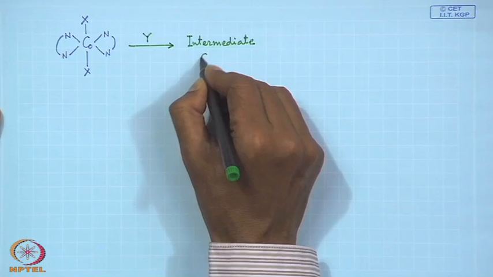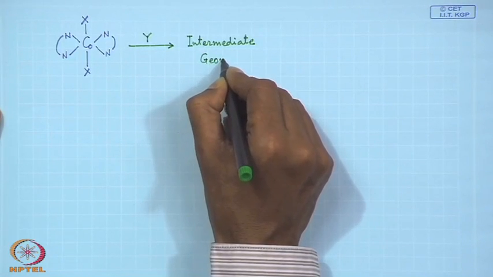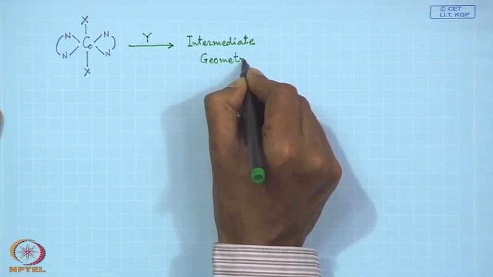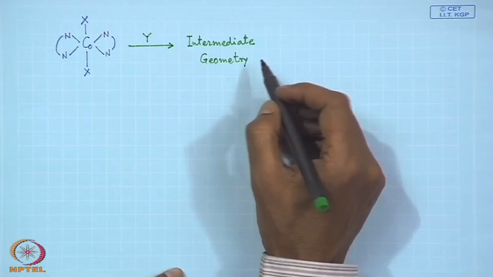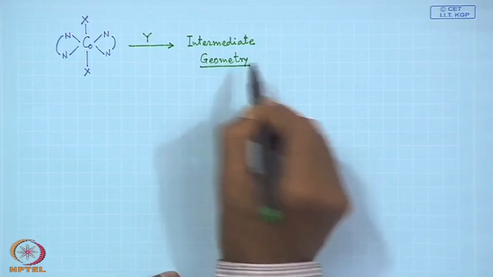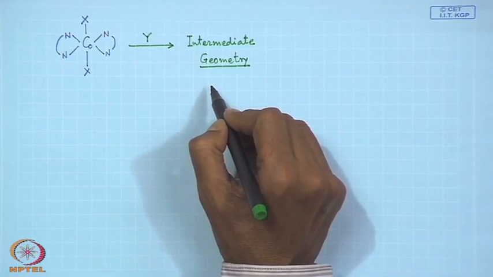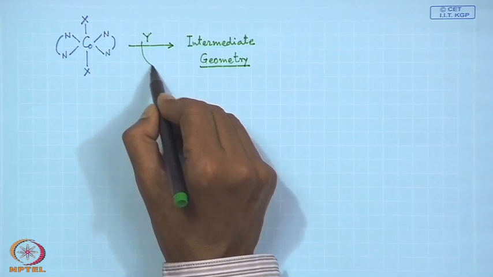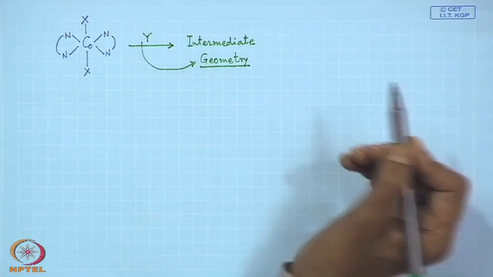has a particular geometry, and that geometry is important if it has more than one position to attack, where y can attack this particular geometry.